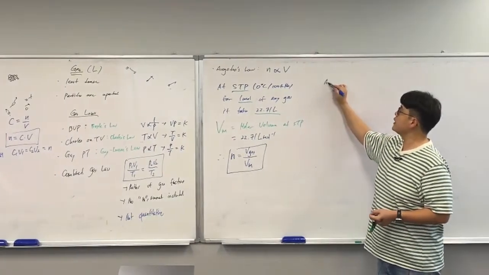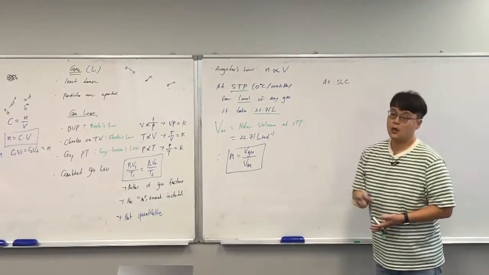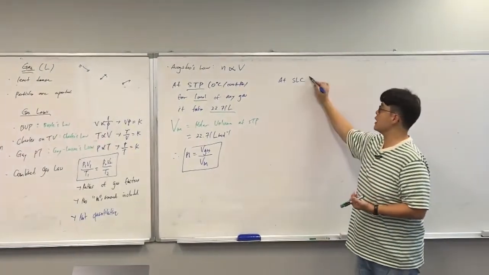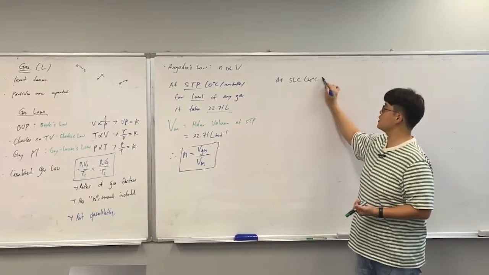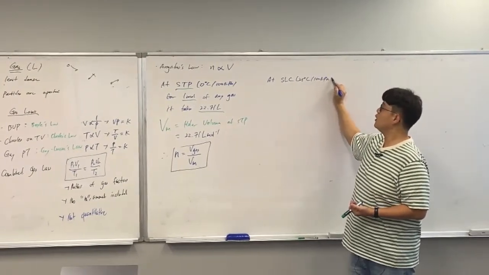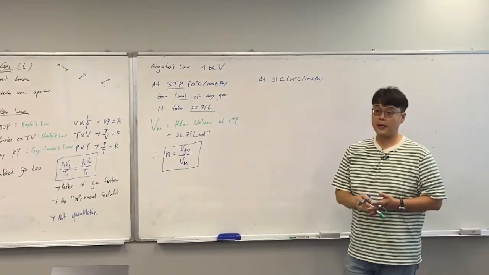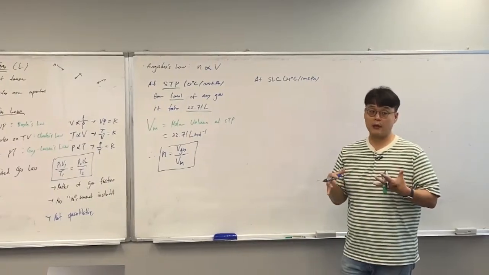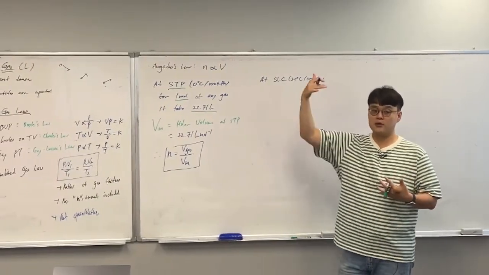Now, at SLC, which we use more commonly, this is 25 degrees Celsius and 100 kilopascals. Basically the room temperature and the pressure that we're feeling now, at sea level, not going up a mountain or down the sea.